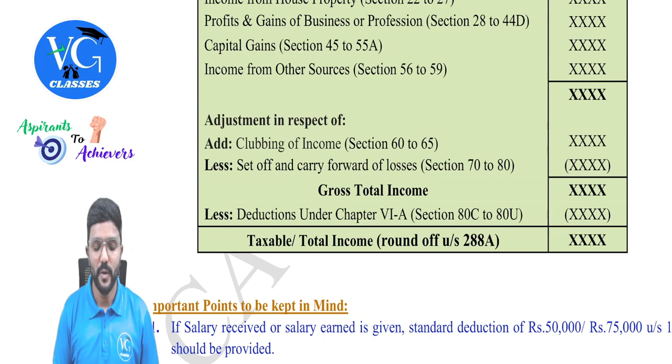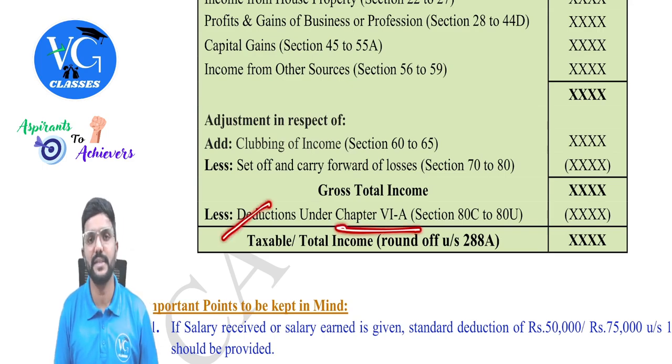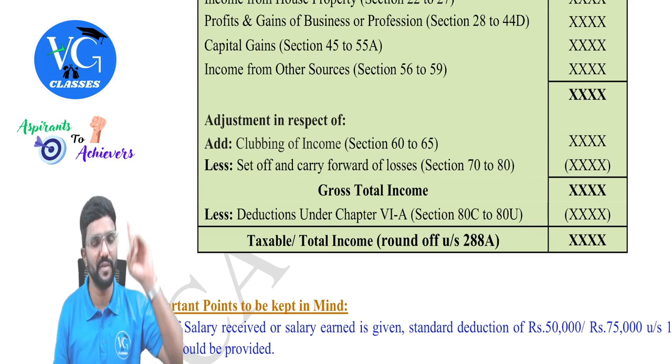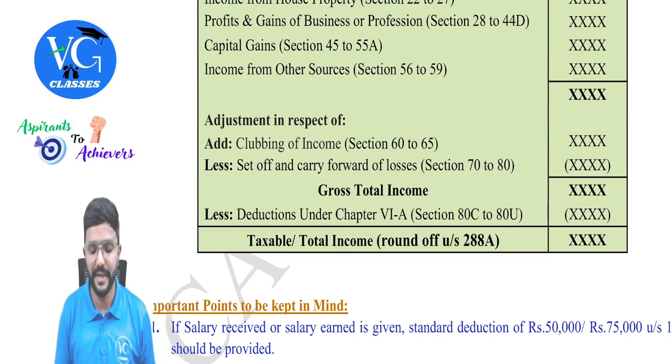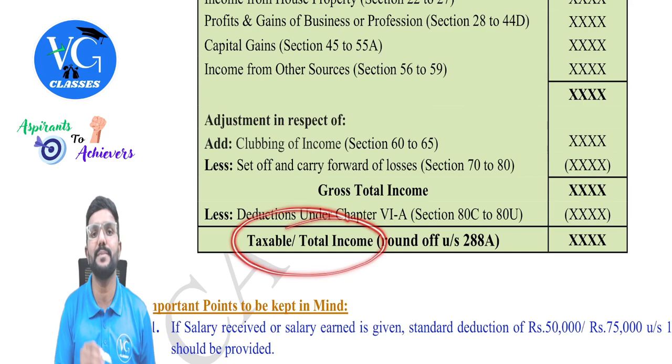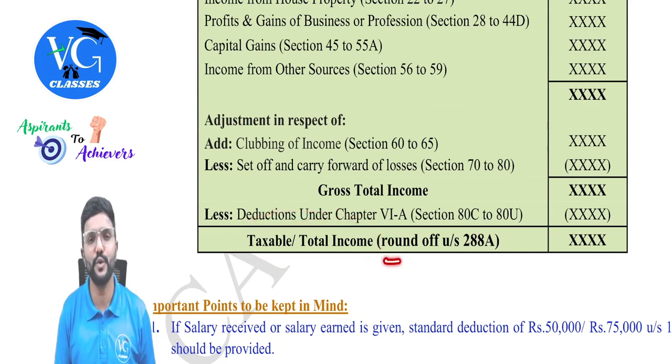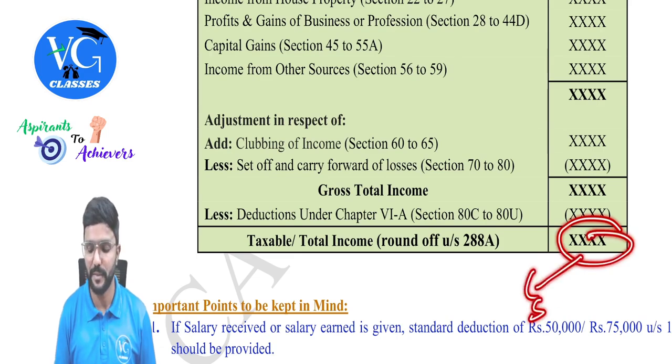Then, once the assessee has claimed deductions under Chapter 6A as well as 10AA, both of which we have discussed in the deductions chapter, we derive a total income or taxable income figure which has to be rounded off to the nearest 10 rupees as per Section 288A. And we are supposed to calculate tax on it. And whenever we are calculating tax on total income, first check whether total income includes any special income, guys.